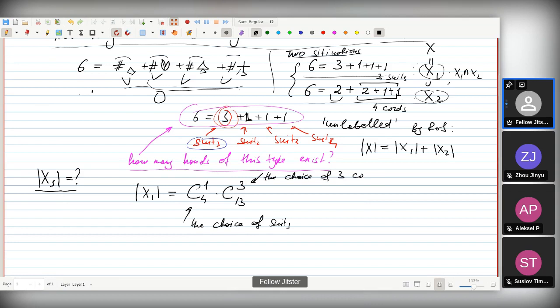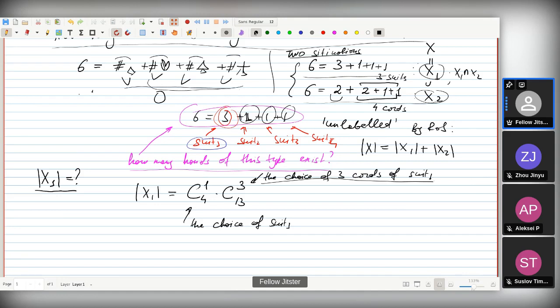This is the choice of 3 cards of this suit 1. Is it clear? Yes. But we still have to choose 3 more cards, and their suits are already determined.